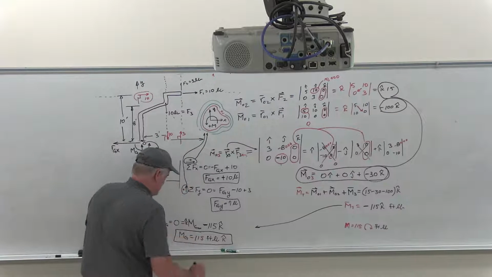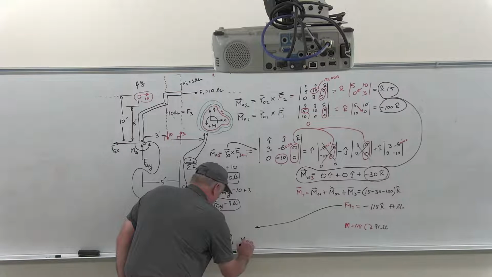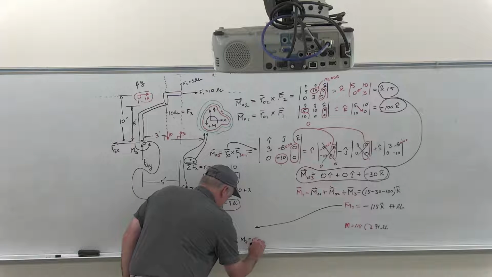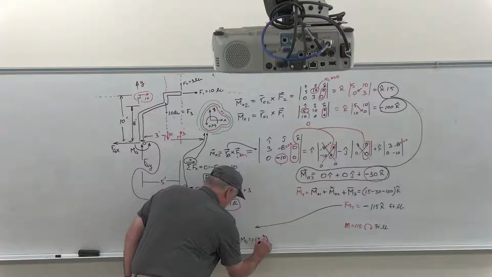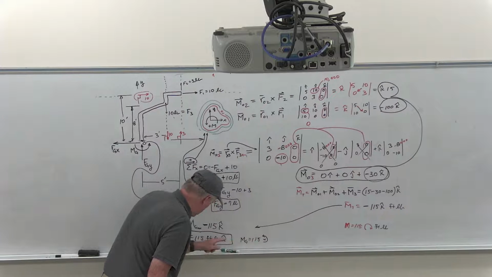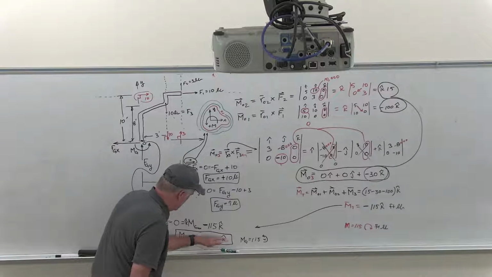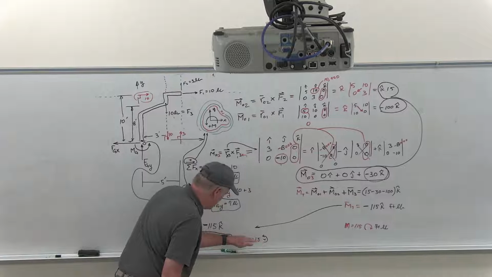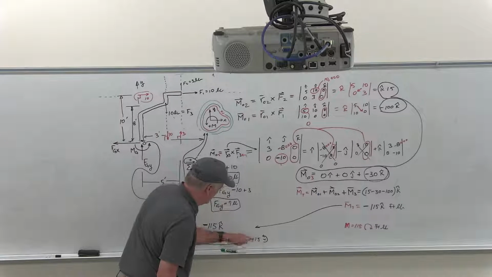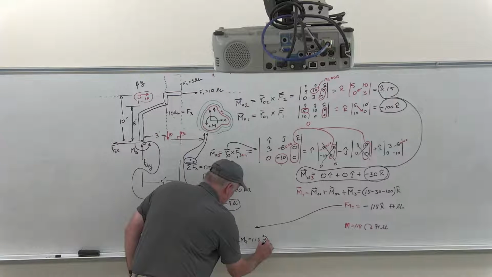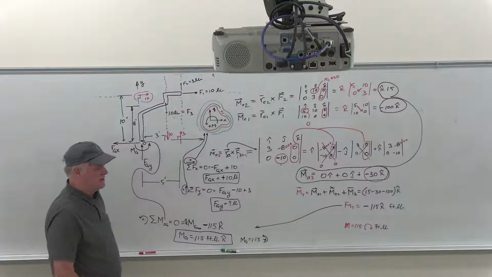In the book, sometimes he'll say moment G is equal to 115, and it's like that. He'll again put that, so you can either put that, or put that one. But the key is, it depends on which one he asked you to do. I don't know.